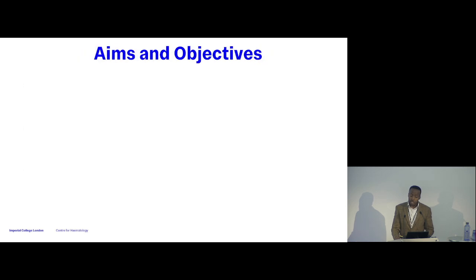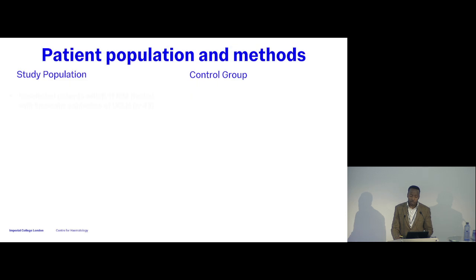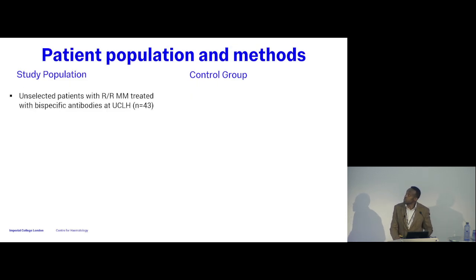For this study, our aims were to correlate the incidence of cytokine release syndrome and survival in patients with myeloma who had received bispecific antibodies. Our study population were unselected myeloma patients, 43 of them, who were treated with bispecific antibodies at UCLH.